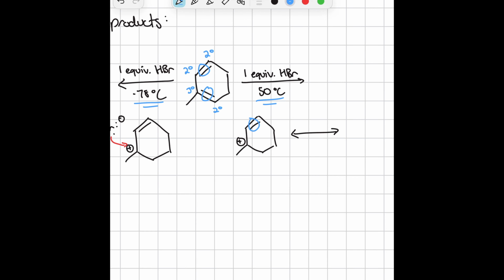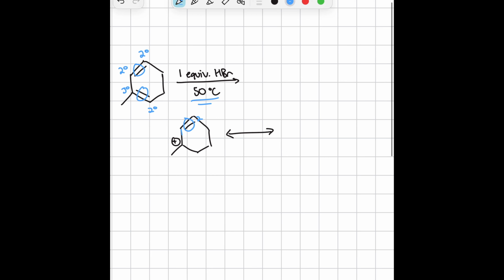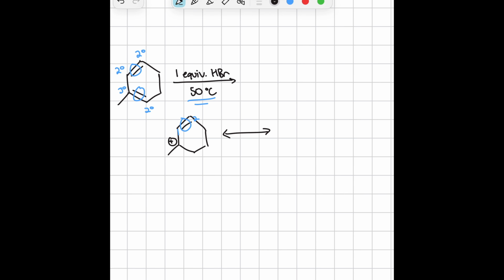Because it's only di-substituted. You only have two substituents on it. And the most stable alkene formed would actually be tri-substituted, right? So if you had resonance, you know that this double bond would go here and the carbocation would form up here, which is what we're going to have.